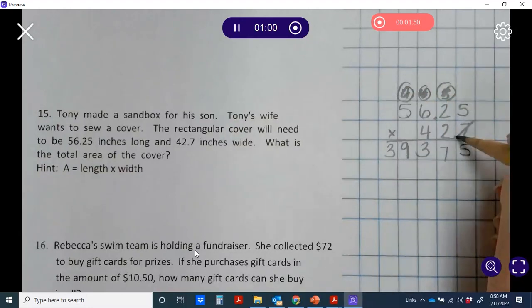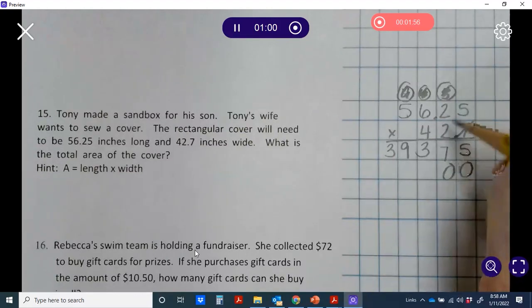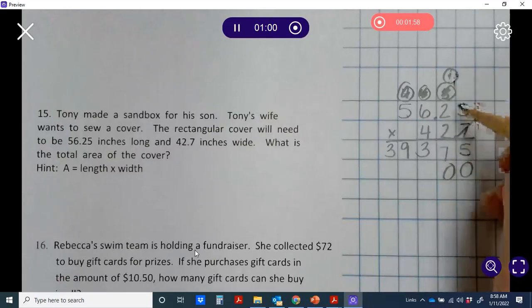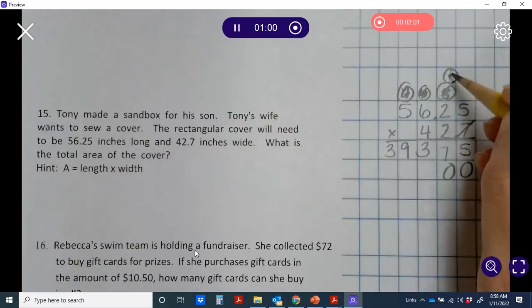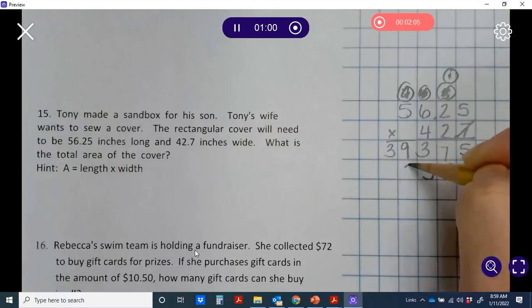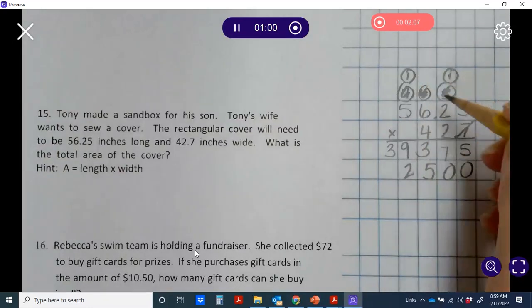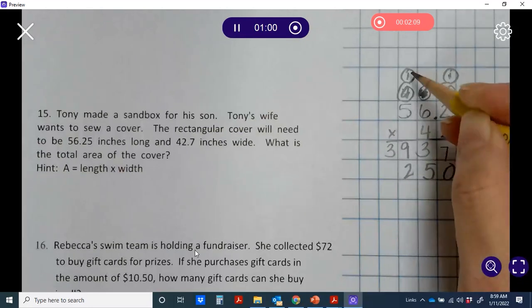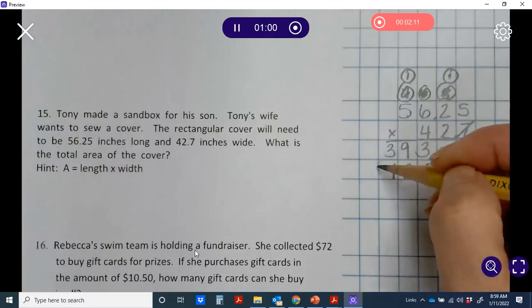We're done multiplying by the 7, so we add a 0. Now I multiply 2 times 5, which is 10, carry the 1. 2 times 2 is 4, plus 1 is 5. 2 times 6 is 12, carry the 1. 2 times 5 is 10, plus 1 is 11.